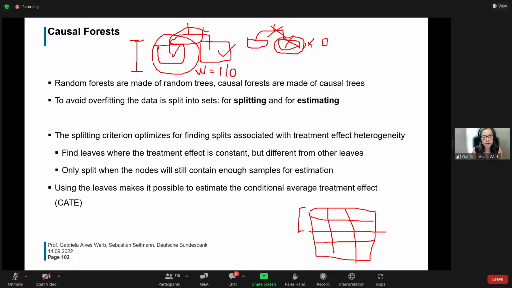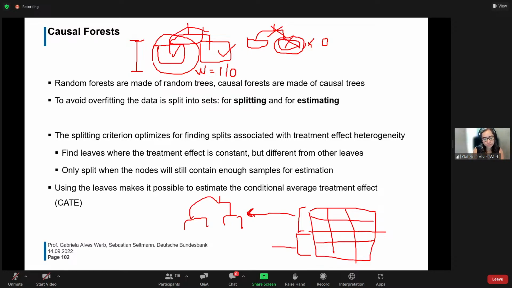But typically you say, I'm going to use this part of the data to decide on the splits, to say, okay, what is the variable and the value that I want to use in each split to grow my tree. So I'm growing my tree with this sample there. So this is used for growing and deciding which are the splits that are going to give me the best possible difference in the treatment effects, because we want to have very heterogeneous treatment effects there.